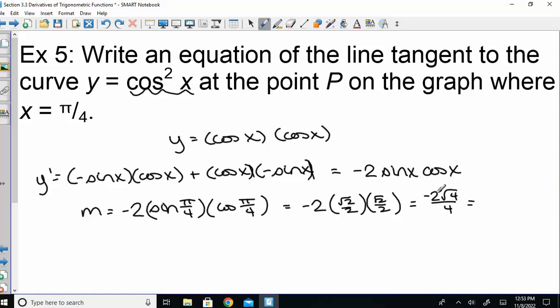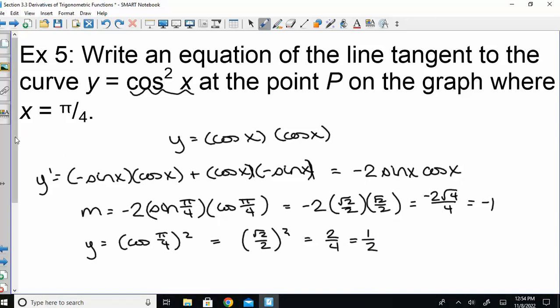Square root of 4 is 2, so we get negative 4 over 4, so my slope is negative 1. I need my point. I know my x, so y is the cosine of x squared. So cosine of pi over 4 is radical 2 over 2 squared is 2 over 4 or 1/2.